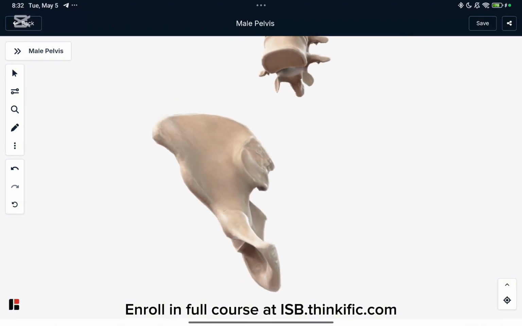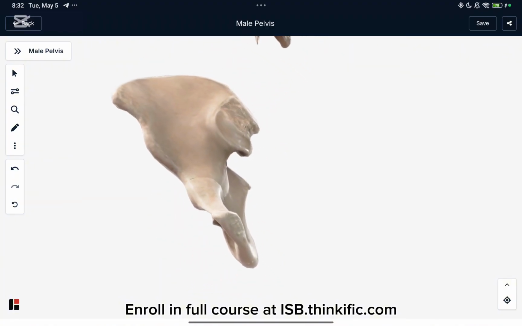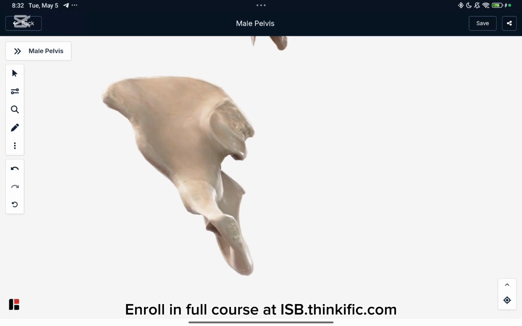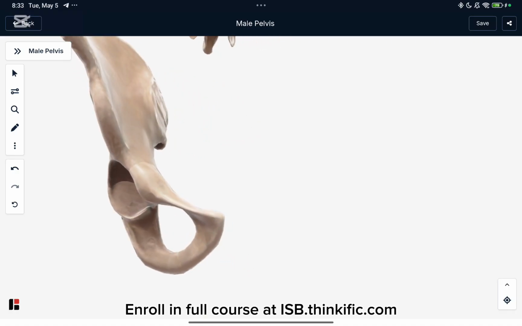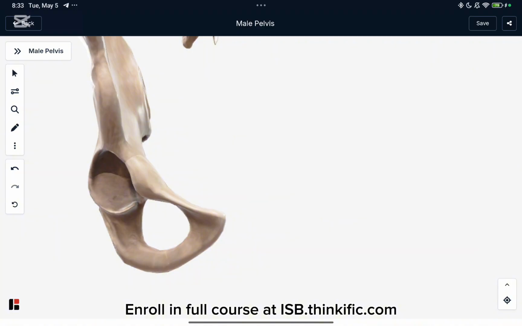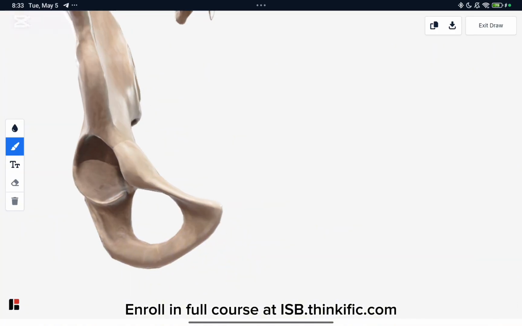Right, let's talk about the pubis first. It is better to see it from a lateral view to see all the parts. So we have a part which is anteriorly oriented, right over here, which is called the body of the pubis.